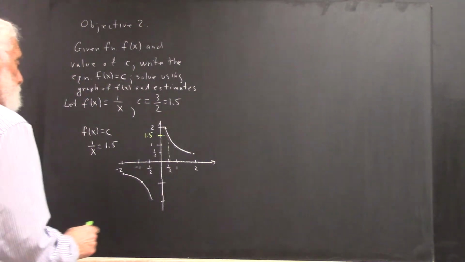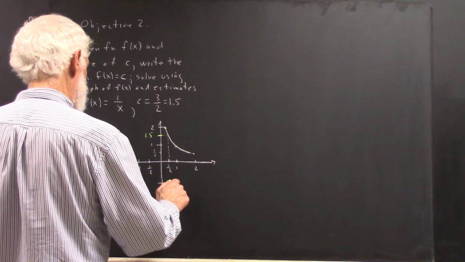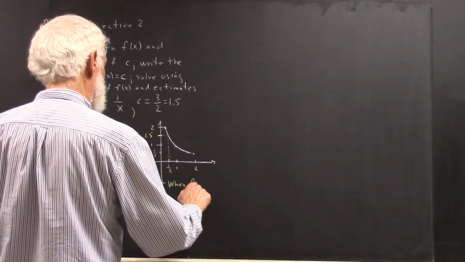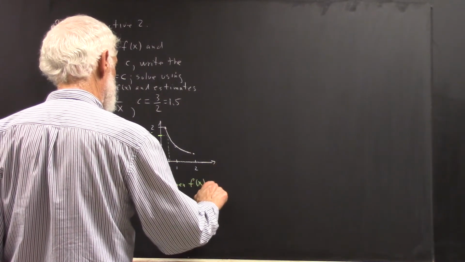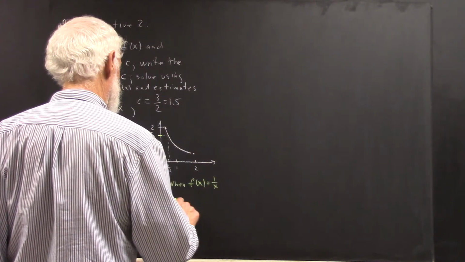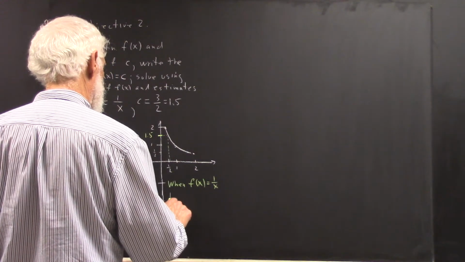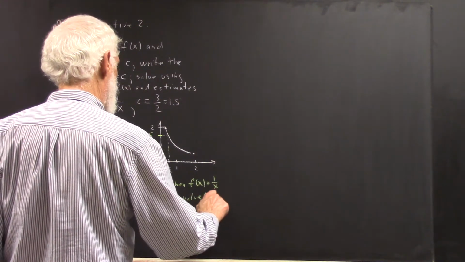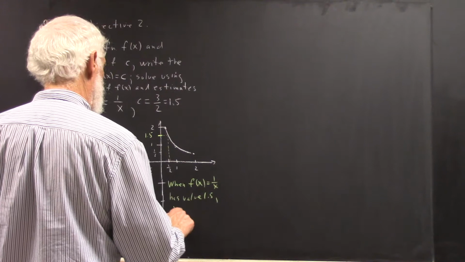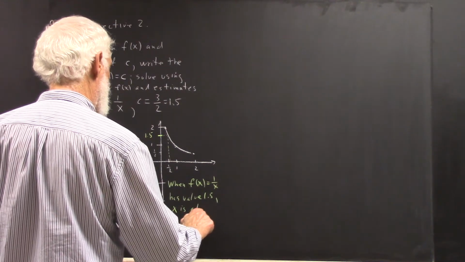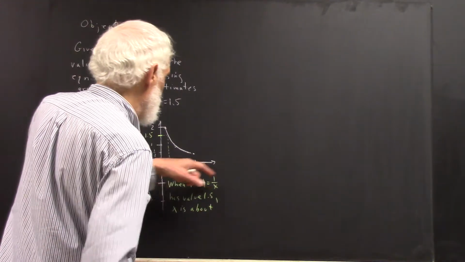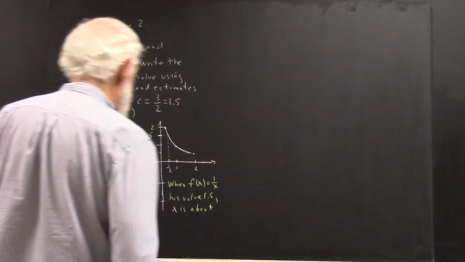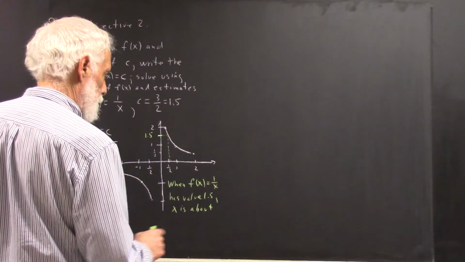So we see that when f of x equals 1 over x has value 1.5, x is about, that's a little to the right of 1/2.